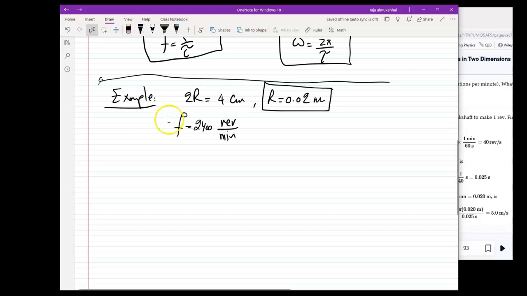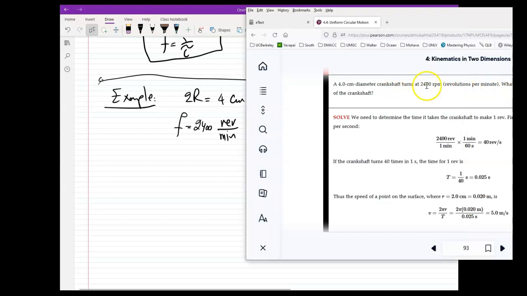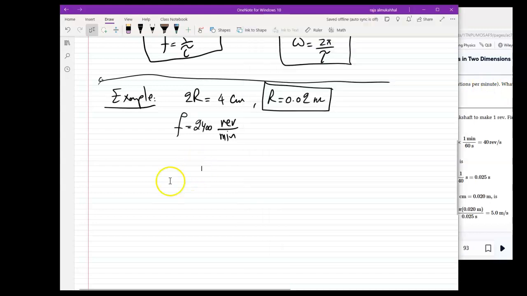He said RPM, look at that. So I need to convert that to seconds immediately. So that's 2,400 rev per min, and a minute is 60 seconds. So I'm going to use my calculator to calculate that. I'm sure you can do this in your head, but I'm going to use the calculator anyway.